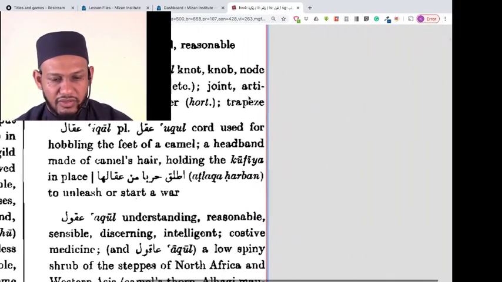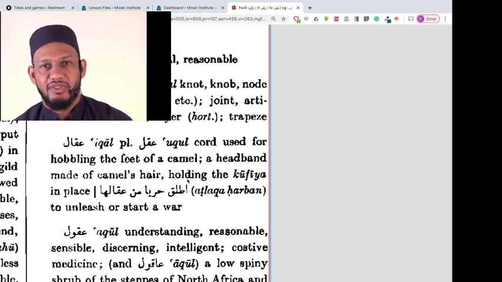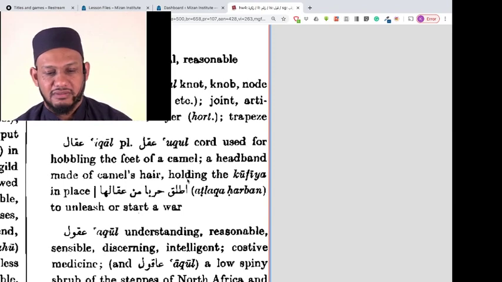If you look further, you have something called an iqal. It is a cord used for hobbling the feet of a camel. It's also a headband made from a camel's hair, used for holding the kufiya in place.